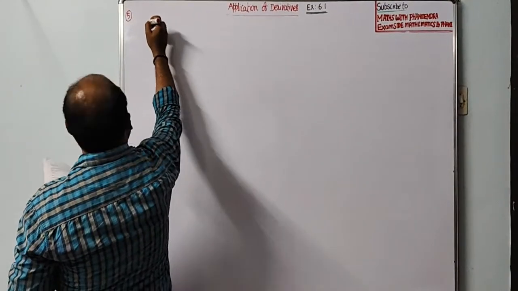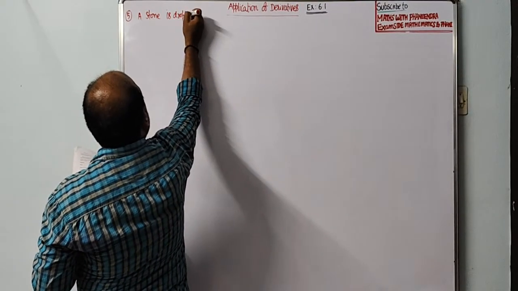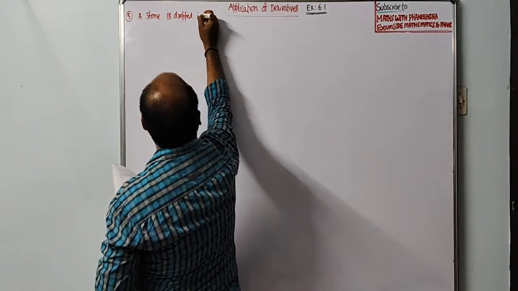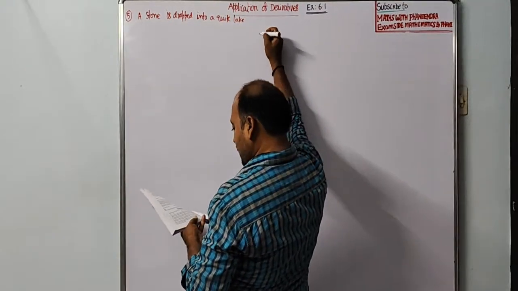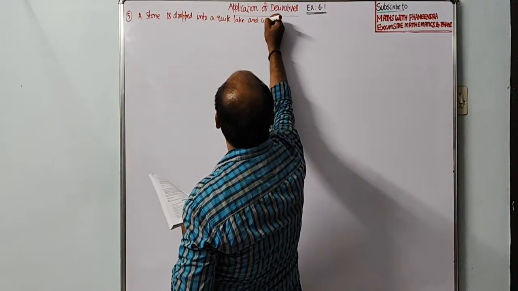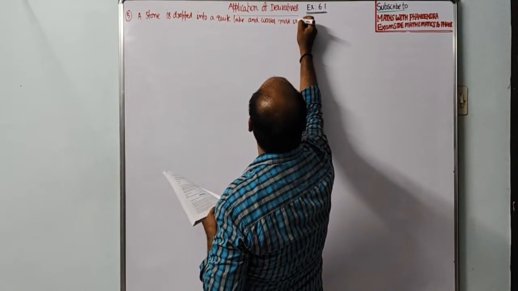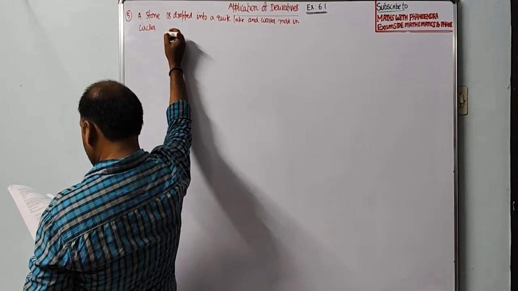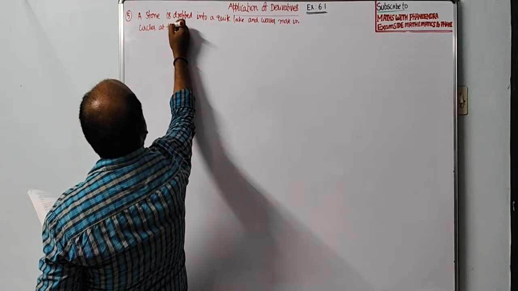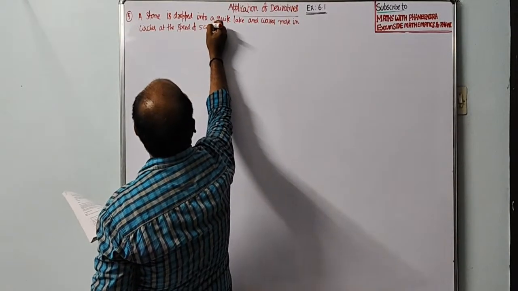Next question number 5. A stone is dropped into a quiet lake and waves move in circles at the speed of 5 centimeter per second.